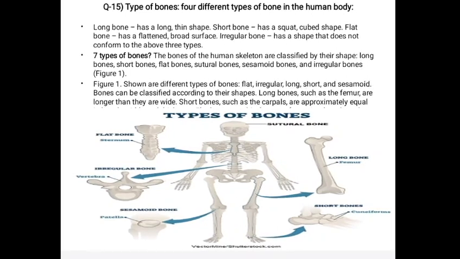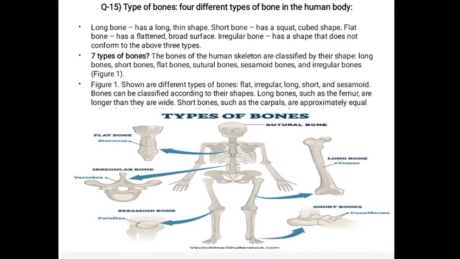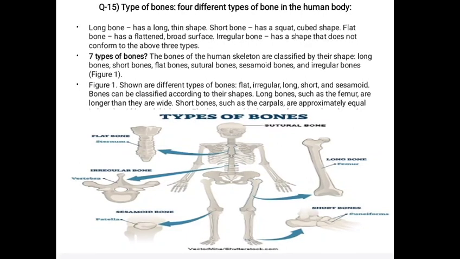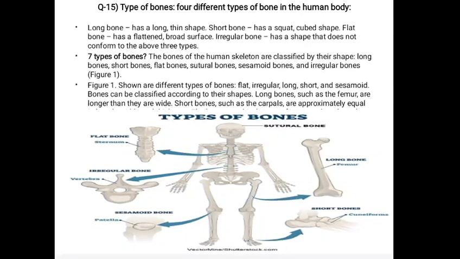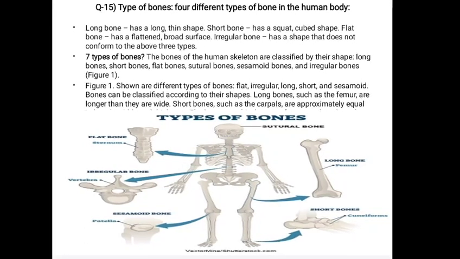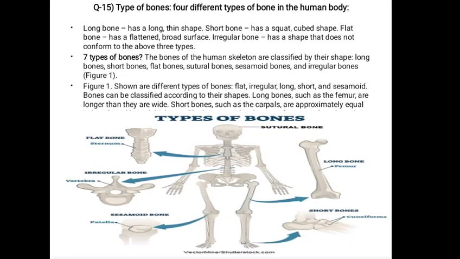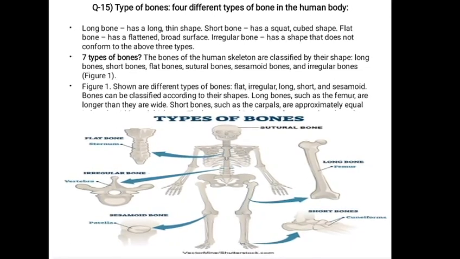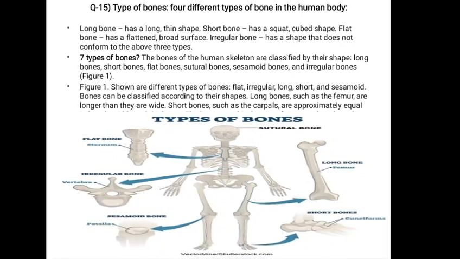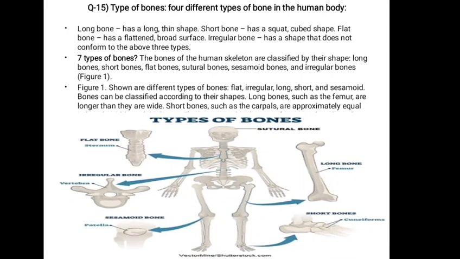The bones of the human skeleton are classified by their shape: long bones, short bones, flat bones, sutural bones, sesamoid bones, irregular bones, like that. Flat, irregular, long, short, and sesamoid bones can be classified according to their shape.